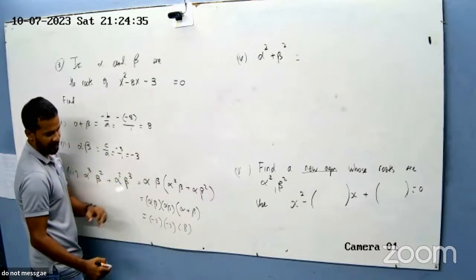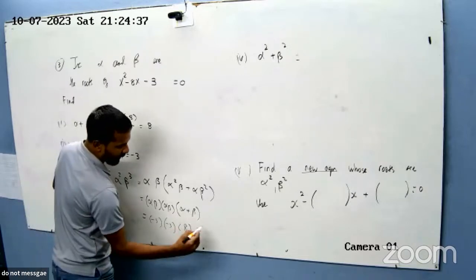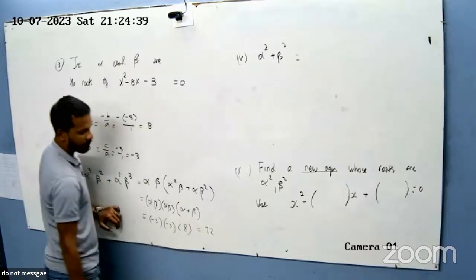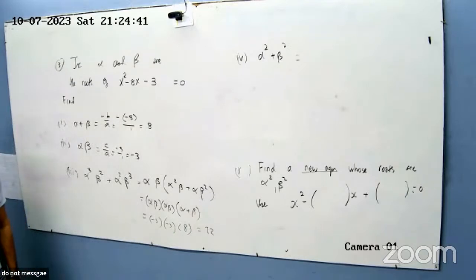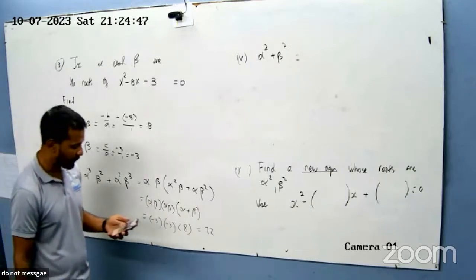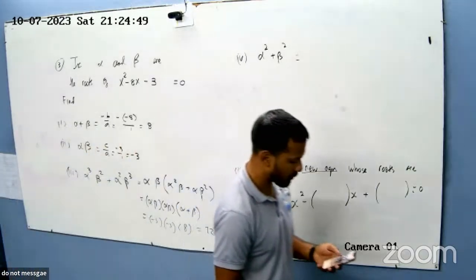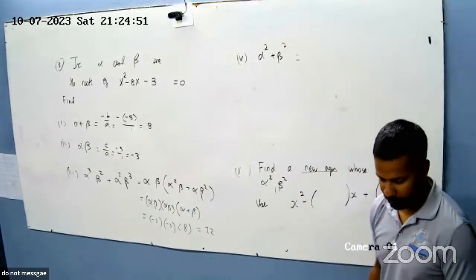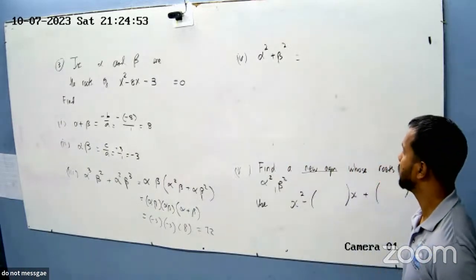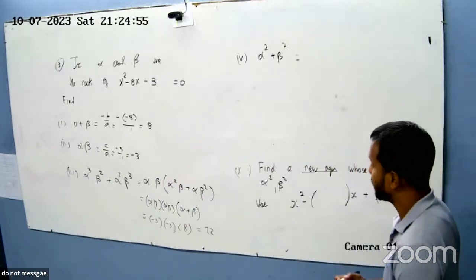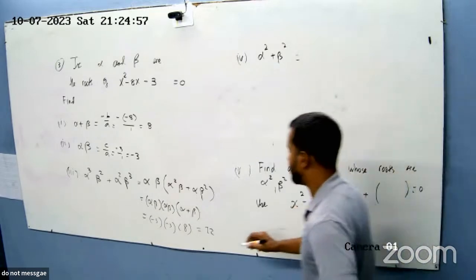So what's that? 9 by 8 equals 72. Anybody got that? Very good. So you have to look out for that. So 72.